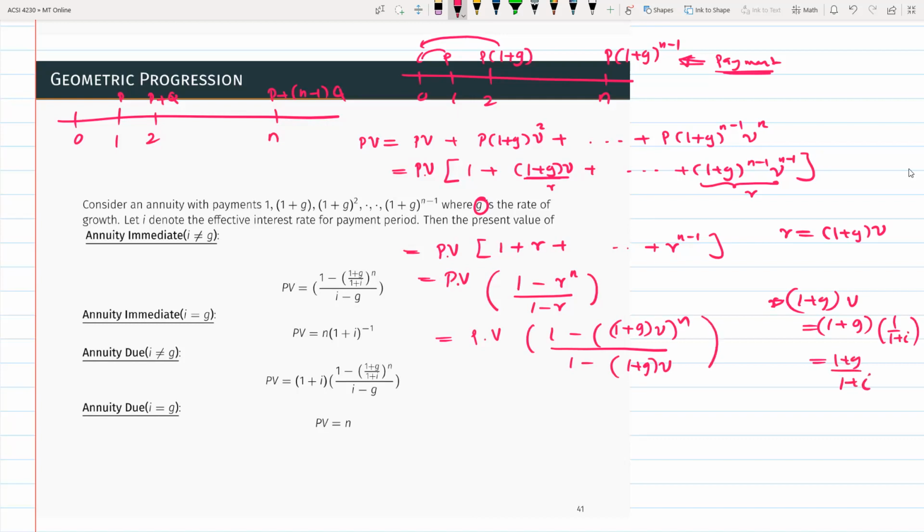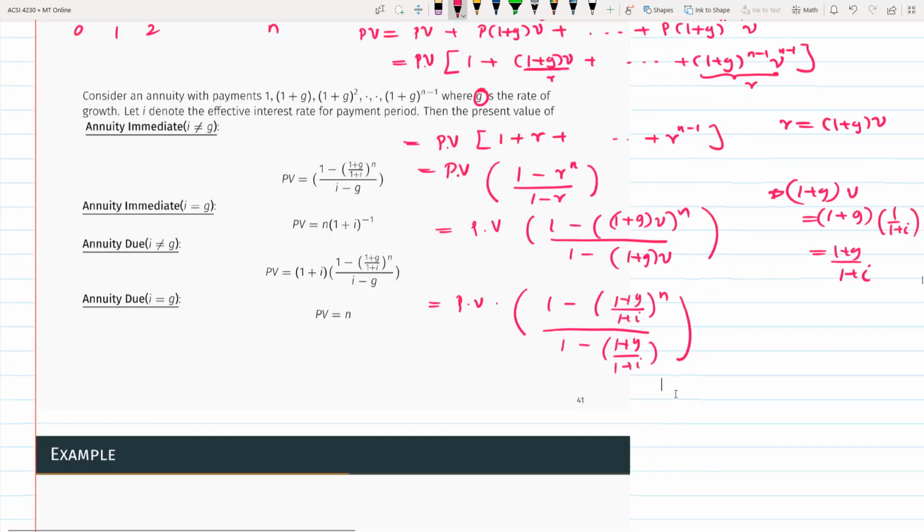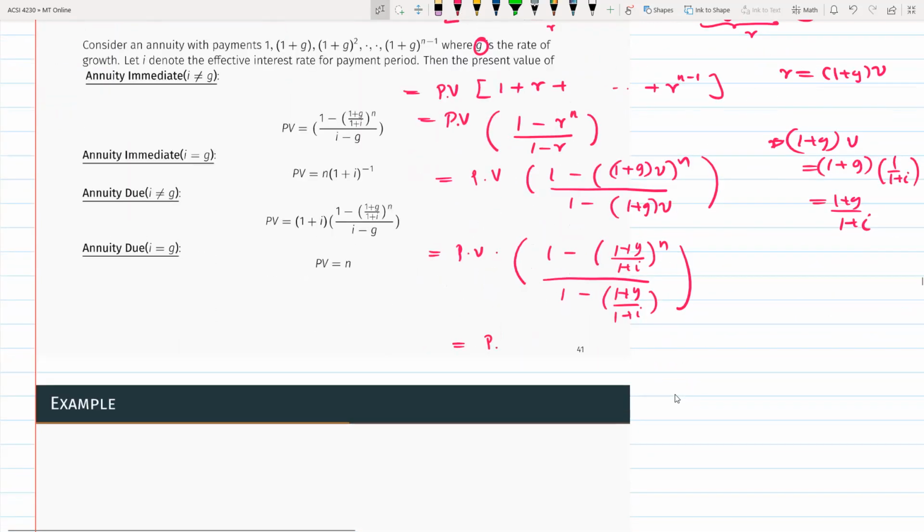So when I substitute that in here, I would get P times V times (1 minus ((1 plus G) over (1 plus i))^n) over (1 minus (1 plus G) over (1 plus i)). I can simplify a little bit more. So you can see what is V? V is 1 over (1 plus i). Now let me write it here. And I have this big formula.